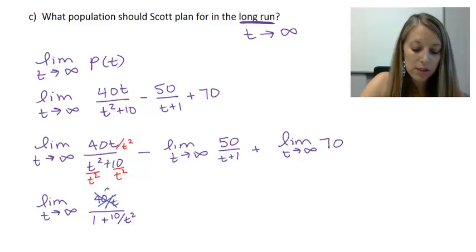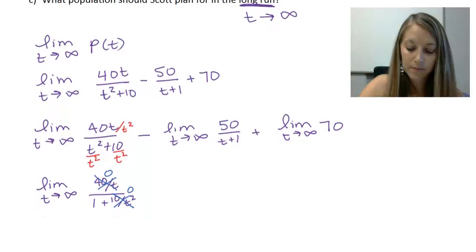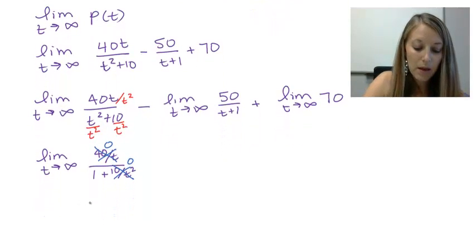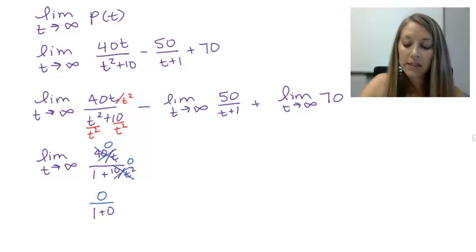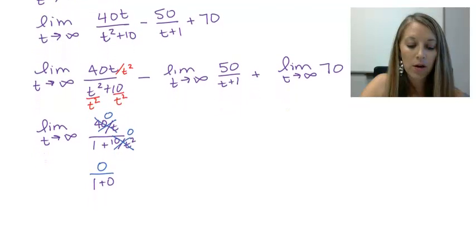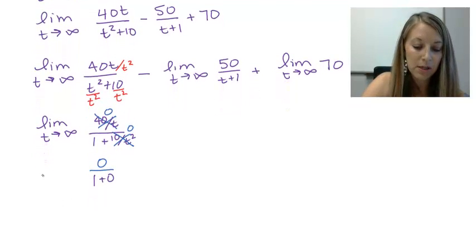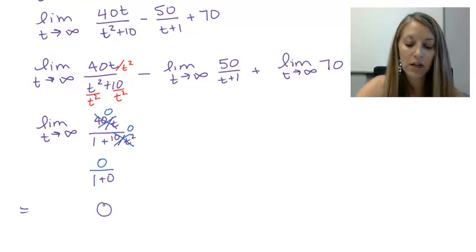So this piece goes to 0, this piece goes to 0, and so basically I have 0 over 1 plus 0. And anytime we have a 0 in the numerator, that just simplifies to be 0 in itself. So the limit of my first fraction here gives me 0.